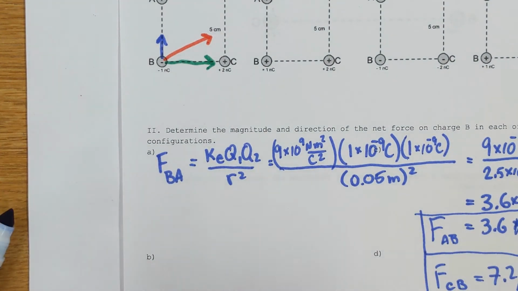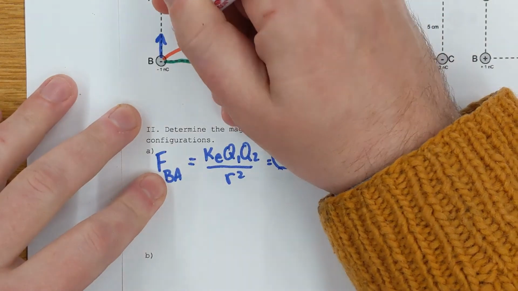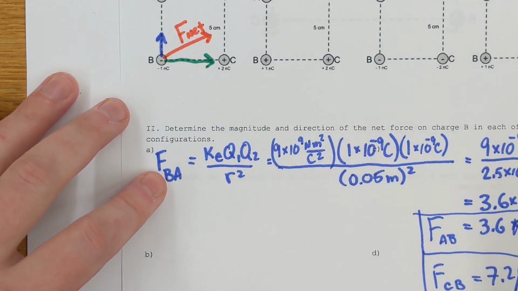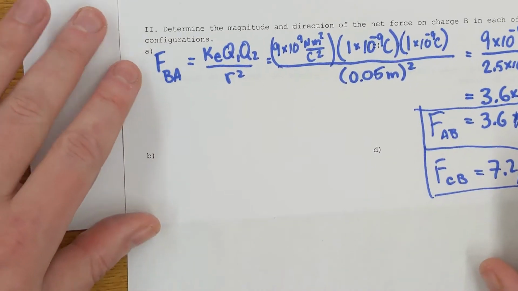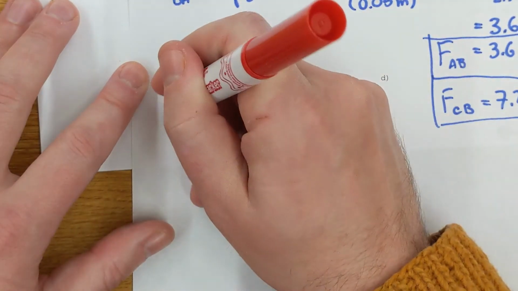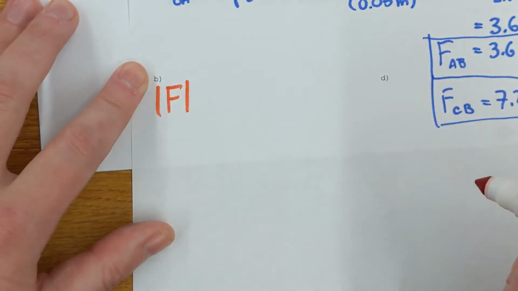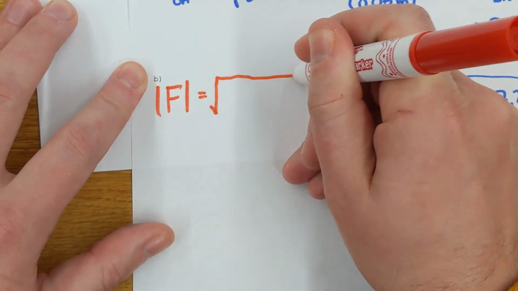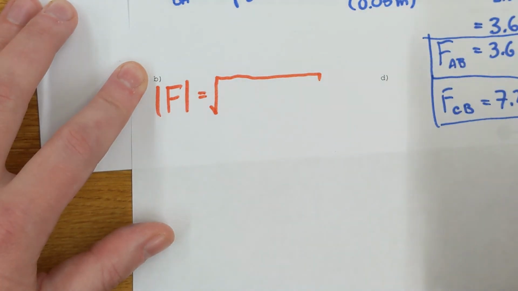Well, the vector sum, to get F net here, is just going to use the Pythagorean theorem. So what does that look like? The magnitude of F is going to be the square root of the sum of the squares of the two forces we just found.